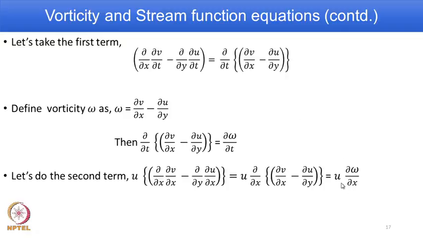So, you get u into ∂omega/∂x. As you can see here, this is the second term in the vorticity transport equation. We are going to repeat this procedure term by term to get the complete vorticity transport equation.